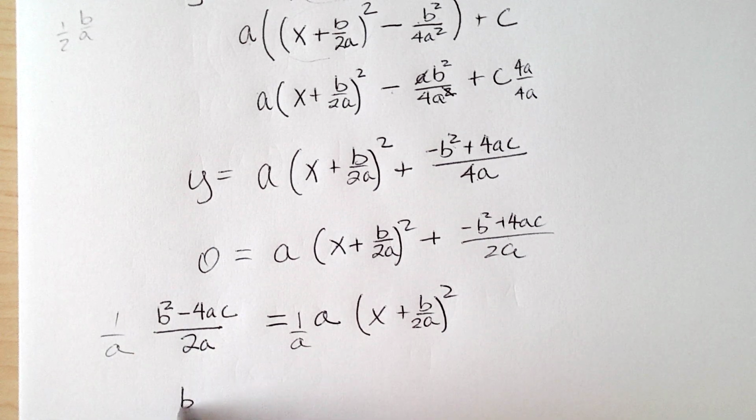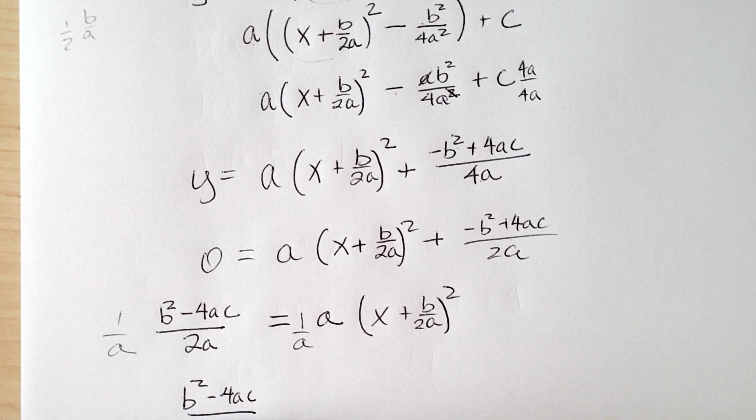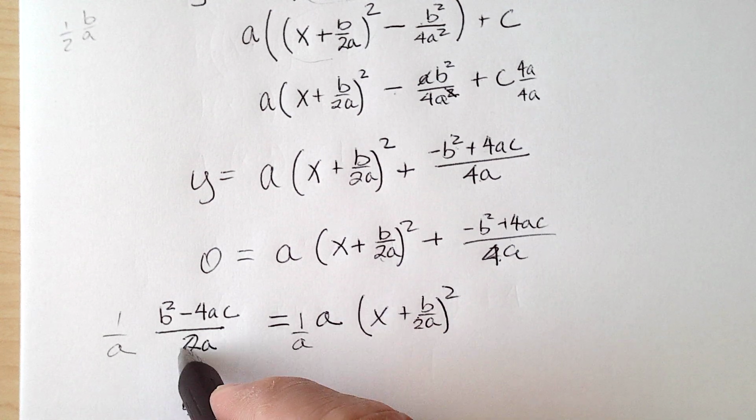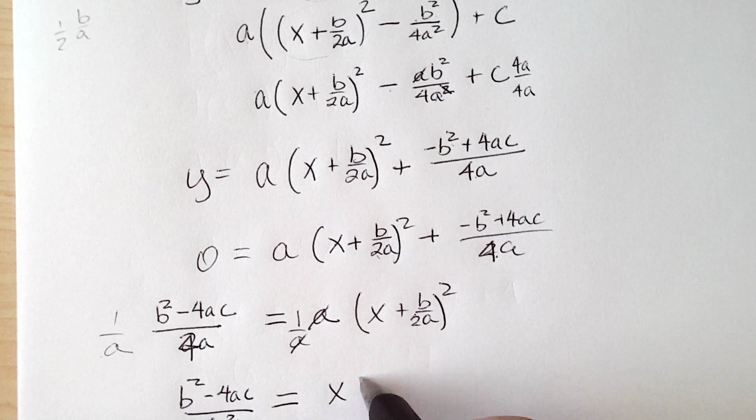So I get b squared minus 4ac over 4a. Oh, this was 4a. This is 2a, but this is 4a. This is 4a squared. A times a is a squared. And these cancel.